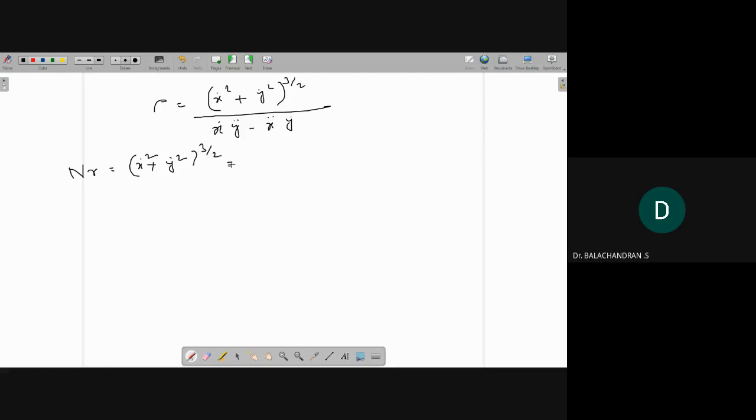We know that x dot is a secant theta, so a square secant square theta, plus y dot. y dot is a secant theta into tan theta, so a square secant square theta into tan square theta, whole power 3 by 2. So take a square secant square theta common.